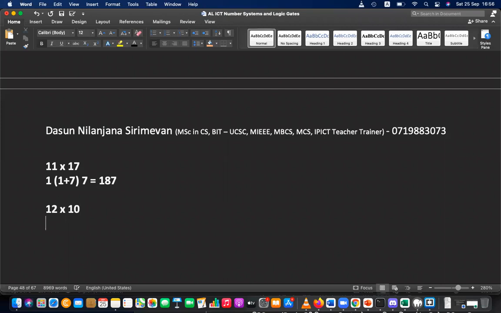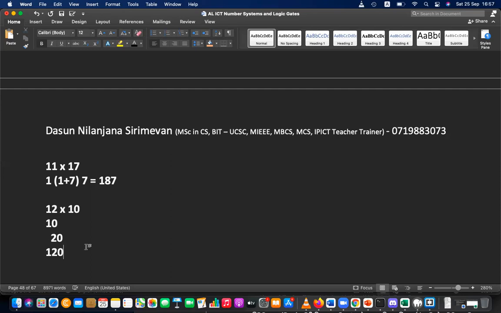That is easy, 120. But how do you write it? You write 10 and the next one is 20. Add the 10 and 20: 1, 2, 0. That is the answer, 120.